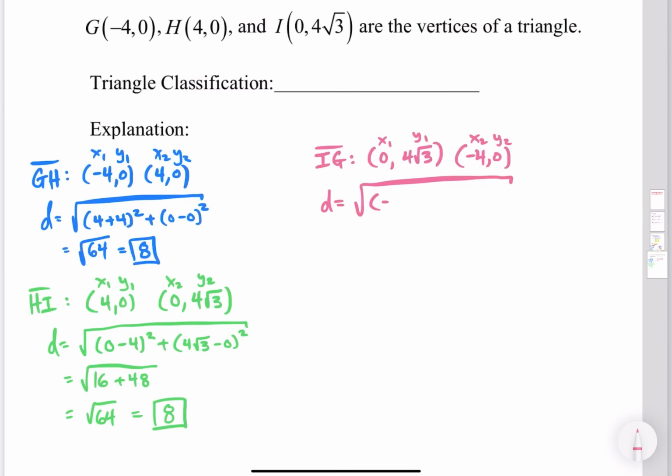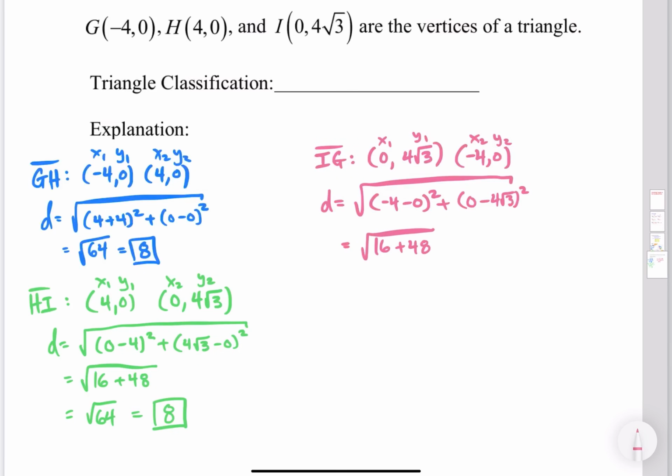So x2, negative 4, minus x1, which is 0, squared, plus y2, which is 0, minus y1, which is 4 root 3, squared. Okay, now we'll do the math. Negative 4 minus 0 is negative 4. Negative 4 squared is 16. And 0 minus 4 root 3 is negative 4 root 3, and you square that, and that's also 48.